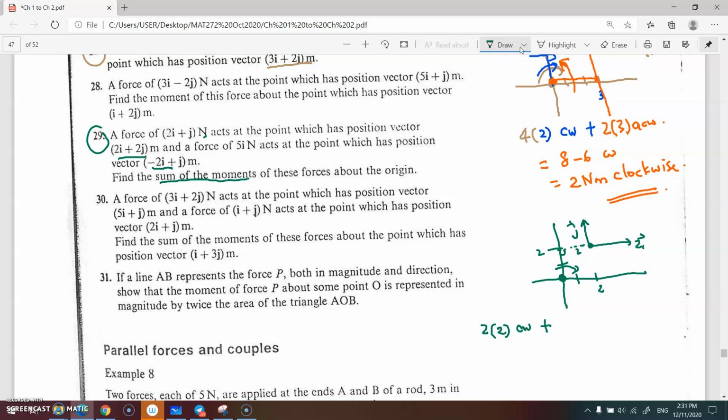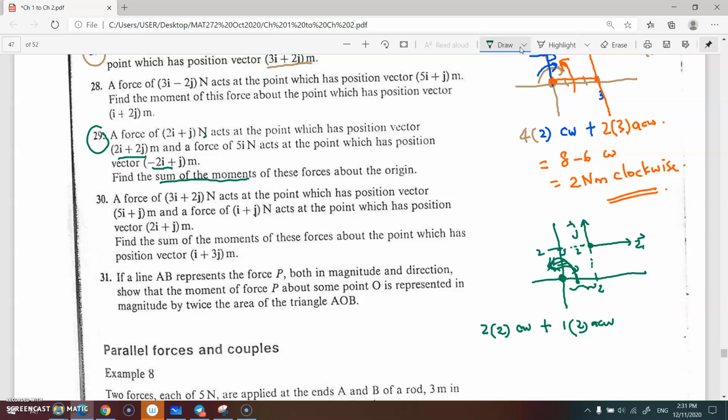Okay, plus, and then we have 1 j. So the distance would be 2 here. Clockwise or anti-clockwise? So you move up, so move here, so it is anti-clockwise. Okay, this is the first one.